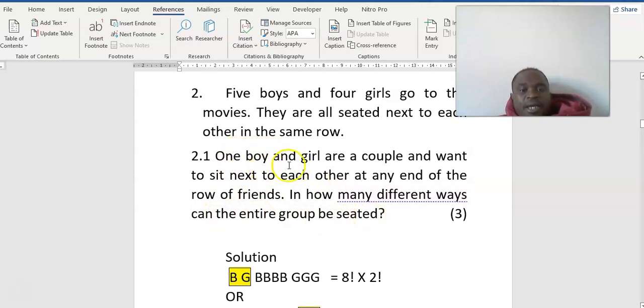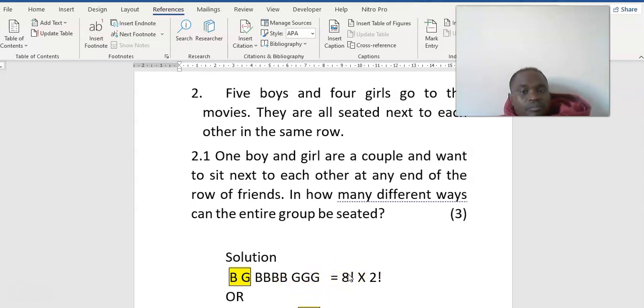One boy and a girl are a couple, and they want to sit together. So here you put them together, a boy and a girl, then you count them as one block. So what are we going to have? 1, 2, 3, 4, 5, 6, 7, 8. 8 factorial.